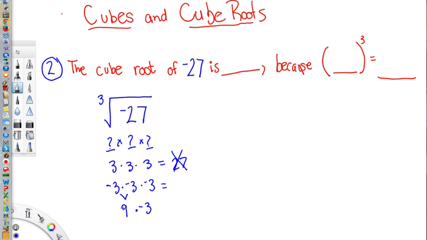But when I take a positive and multiply it by a negative, you guessed it, that's going to give me a negative 27. So the answer is negative 3, because negative 3 to the third power, or cubed, is equal to negative 27.